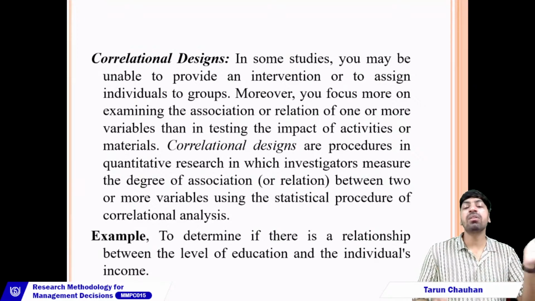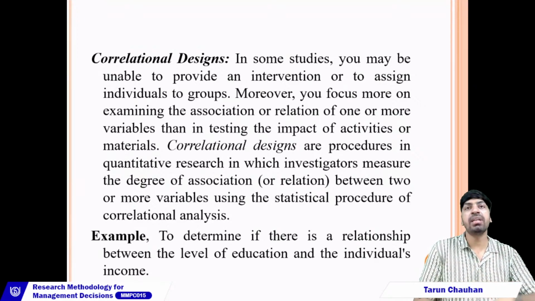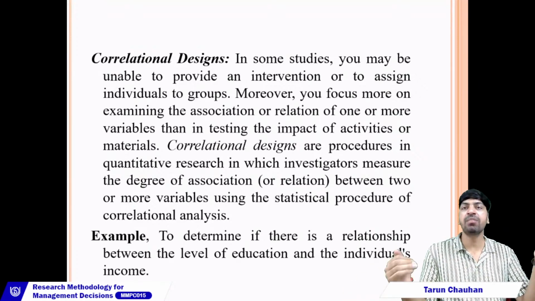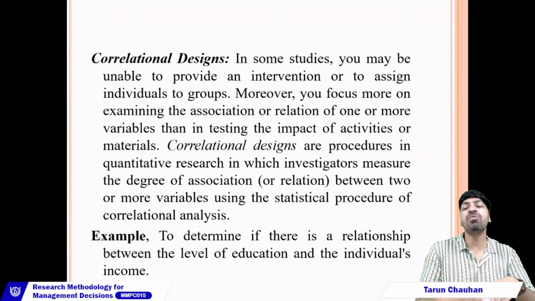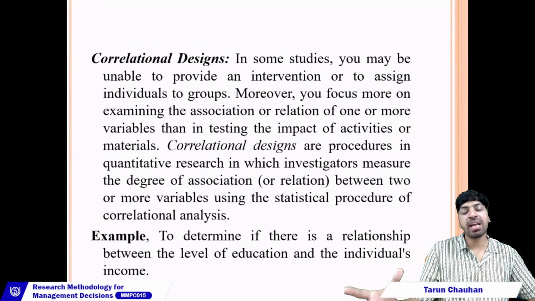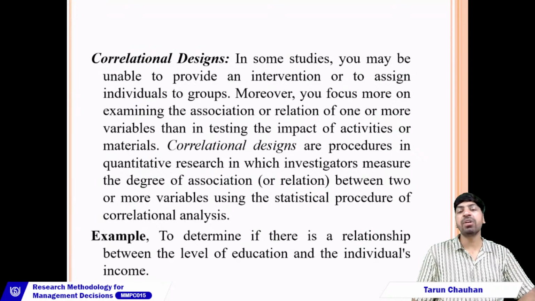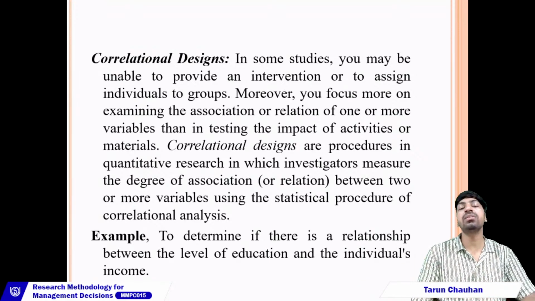Why? Because both are interrelated. A person having a good income will get a good education, whether high cost or low cost. So it depends. When you find the relationship between these two variables, a correlation research design will be applied, and accordingly the statistical tool will be applied.